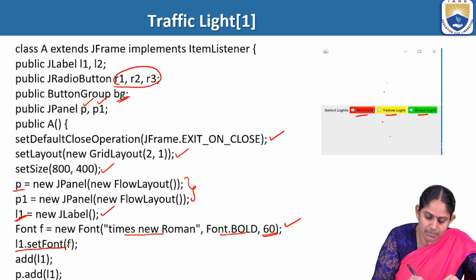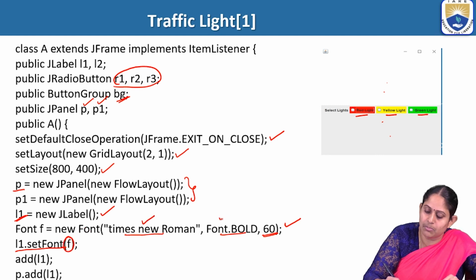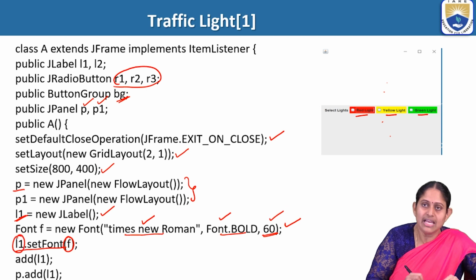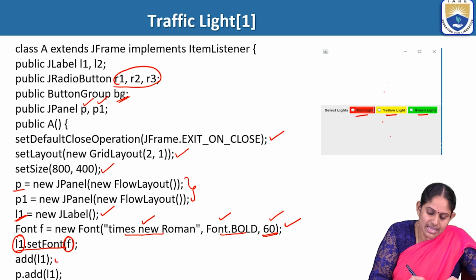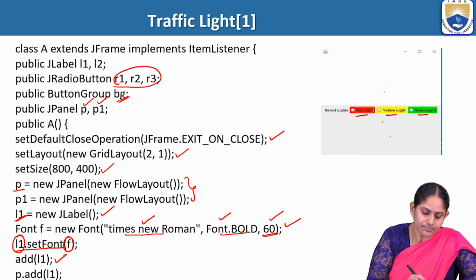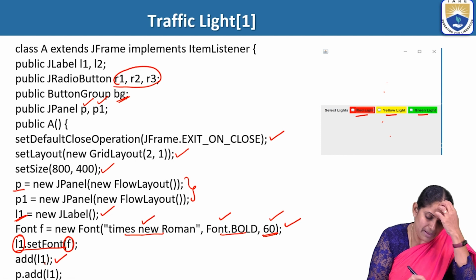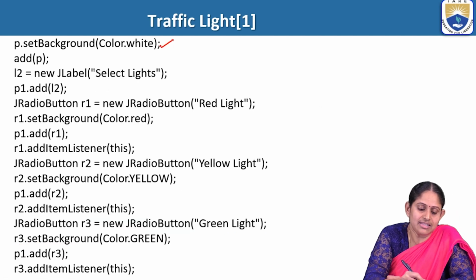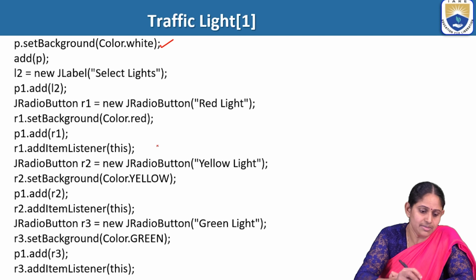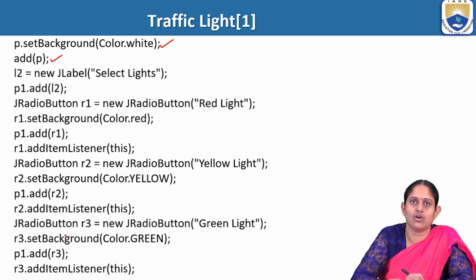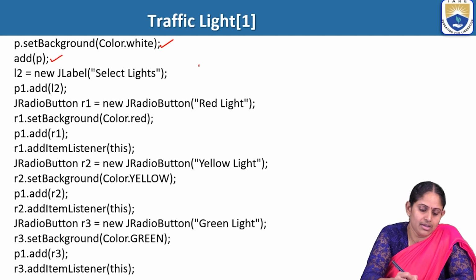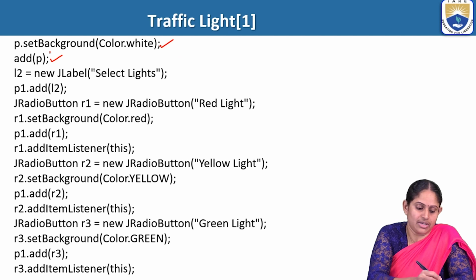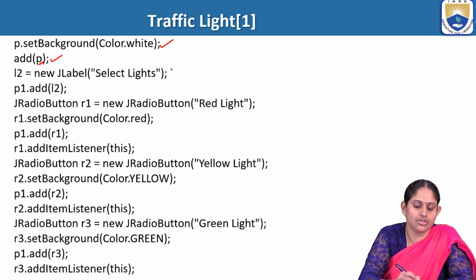The set font method will set this font F, which is Times New Roman, bold and 60 size, for the label L1, and that label L1 is placed on the panel. Now we are setting the panel's background color to white, and this panel is also added onto the frame.